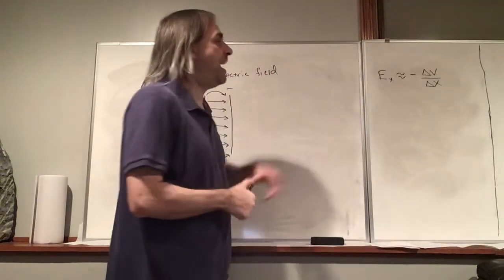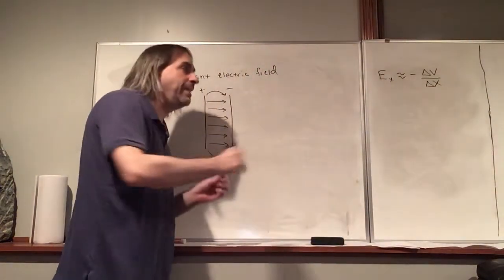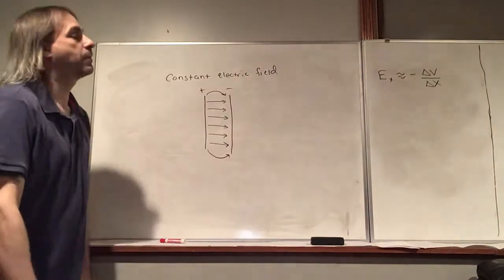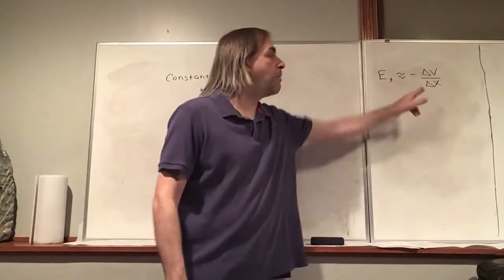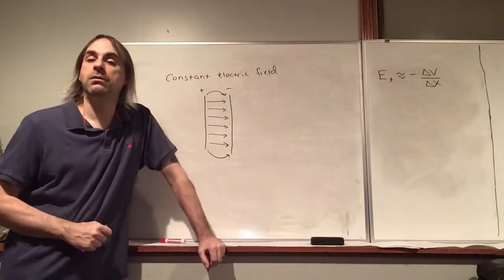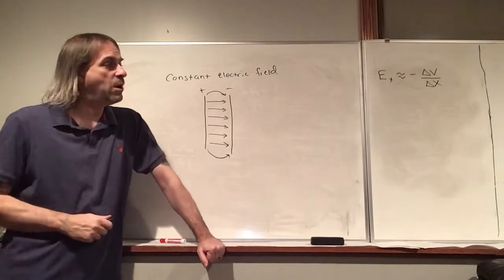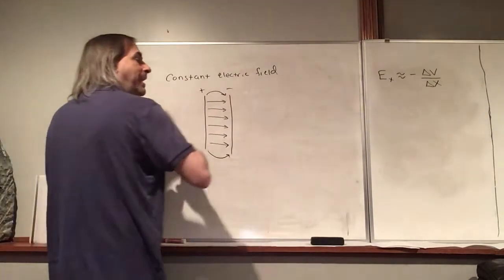If you want the x component of the electric field, you look at a displacement in the x direction and look at how the potential changes. That's an approximately equal sign, but the smaller the delta x is, the better that approximation is. However, if you have a constant electric field, this becomes exact.